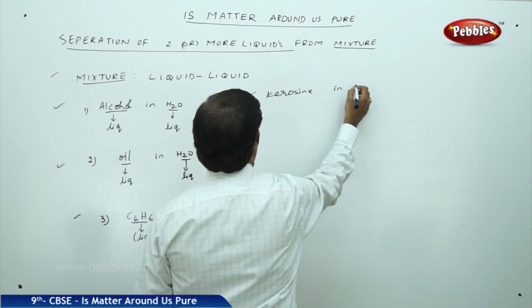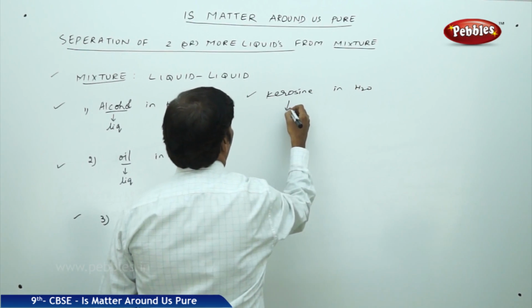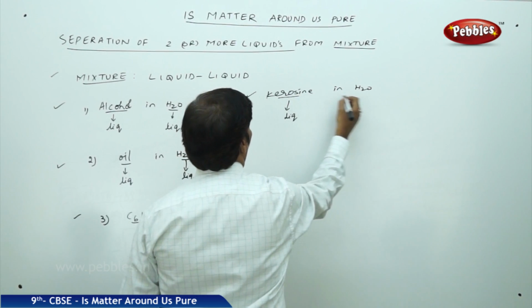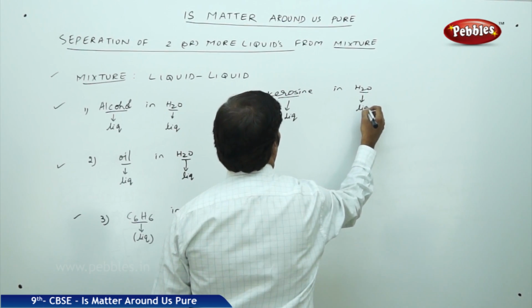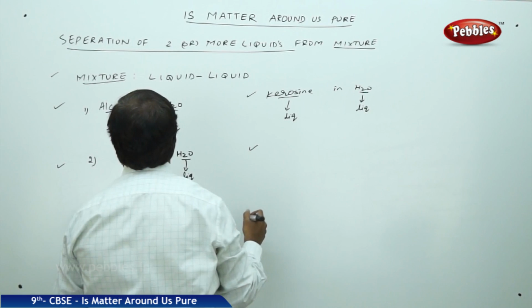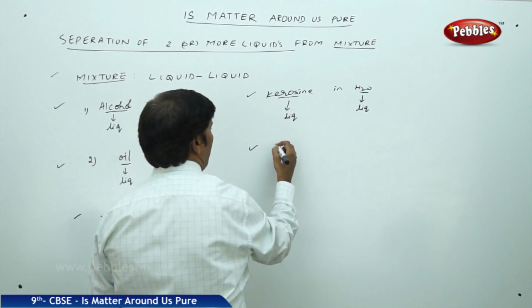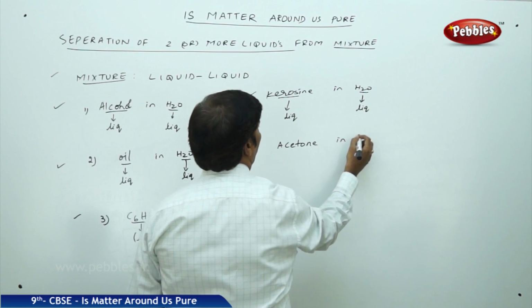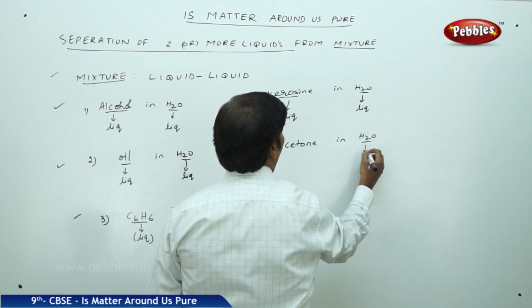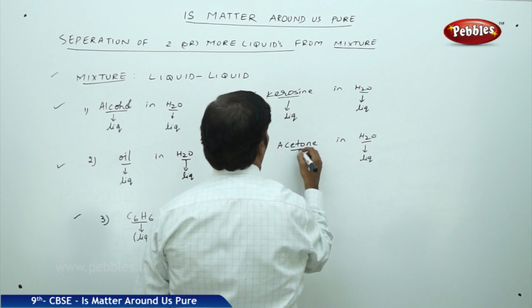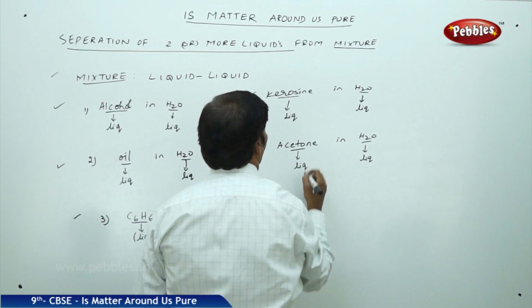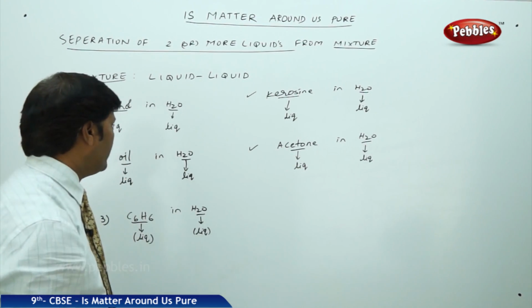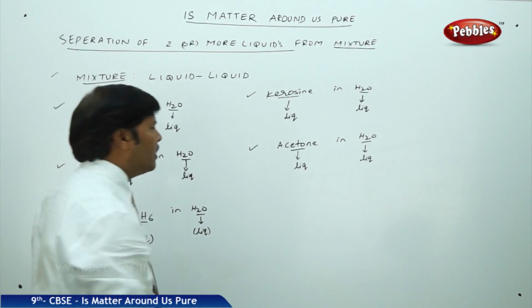Kerosene in water, yes, liquid, and this is also a liquid. That is acetone in water. Acetone is a liquid. This is also a liquid. So like this, if you go on, a number of examples you can take.